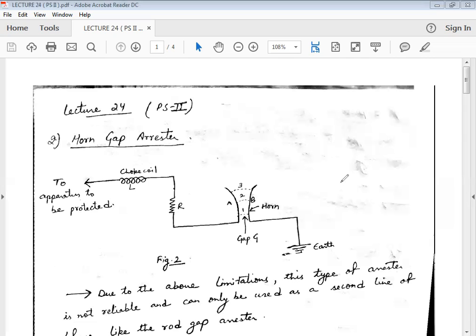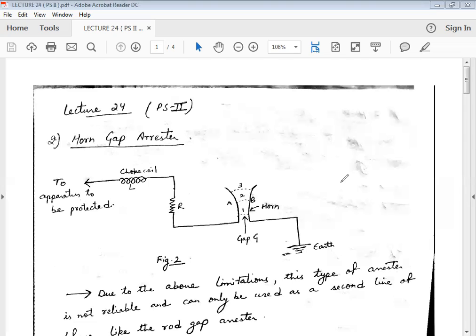So in order to provide protection against the traveling waves, there are various categories of arresters used. In today's topic, we are going to discuss the horn gap arrester. Like in the previous arrester, the rod gap arrester, I had earlier said that the work of an arrester depends on its name. In rod gap arresters, what you have noticed is that there are two rods bent at right angles to each other and separated by some distance.